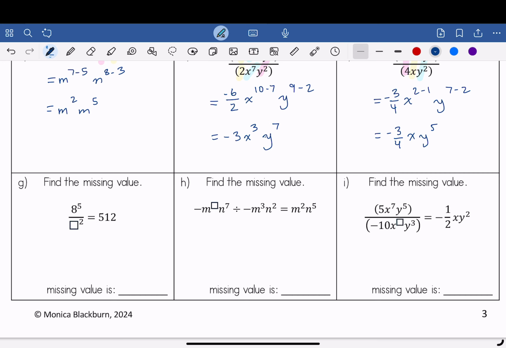So if it is 8 to the power of 5 minus 2, it will equal 8 to the power of 3. And let's see if 8 to the power of 3 is equal to 512. It is. Therefore, the missing value is the base 8.